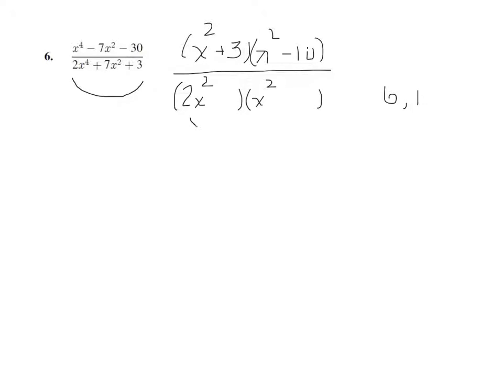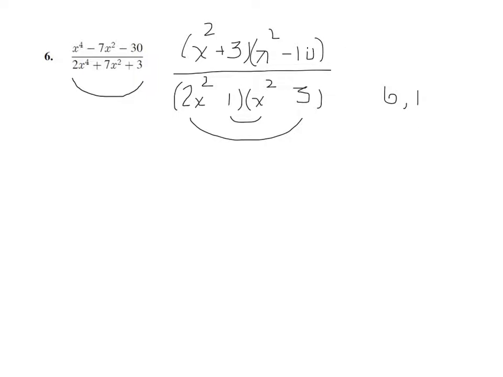So we need either the outside product to be 6x squared and the inside product to be 1x squared, or vice versa. The outside product to be 1x squared and the inside product to be 6x squared. So the only way to do that would be to put your 3 here and your 1 there.